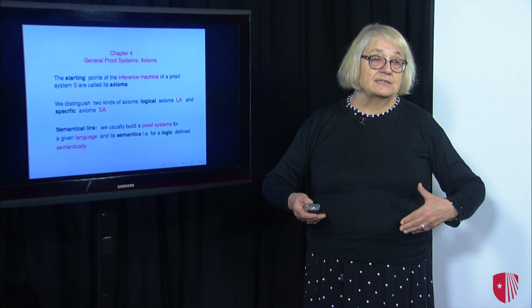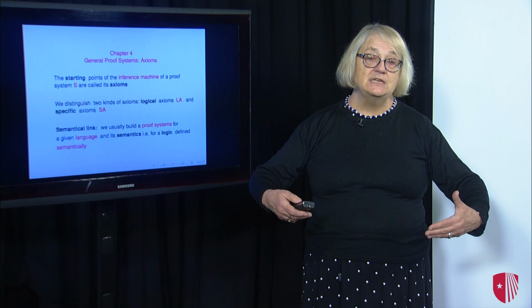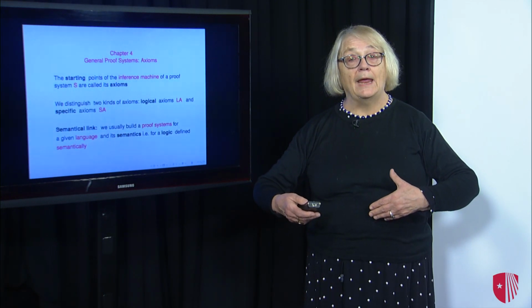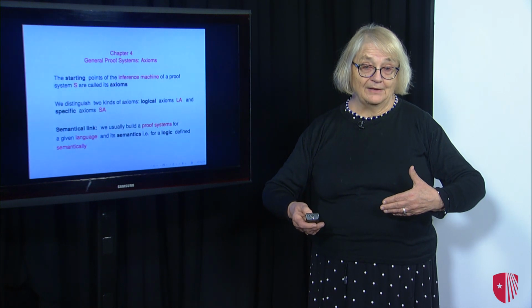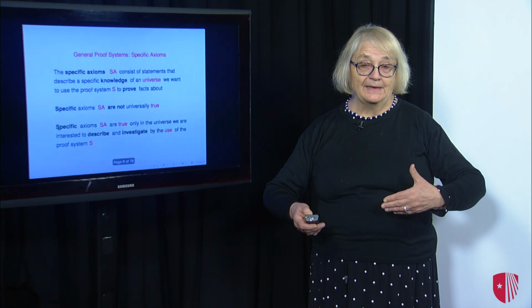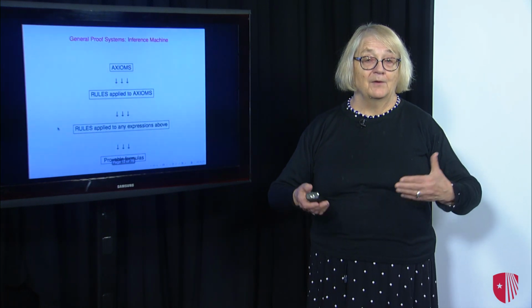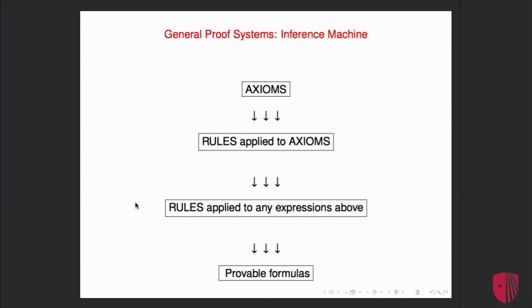It is like an inference machine, so I'll show you the picture. We start with axioms, then we apply to the axioms rules of inference, and then we apply rules again.